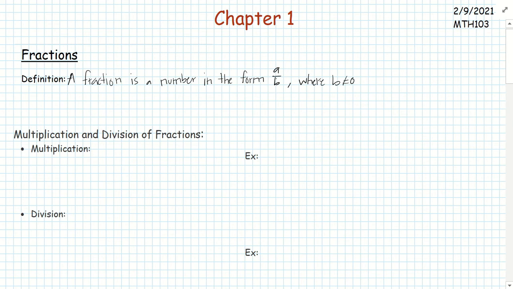And the reason why we're not allowed is just because it doesn't make sense. Logically, realistically, it doesn't make sense to have a 0 on the bottom. What do I mean by that? Let's think that we have 7 cookies, and then I tell you to divide the 7 cookies between 0 number of kids.